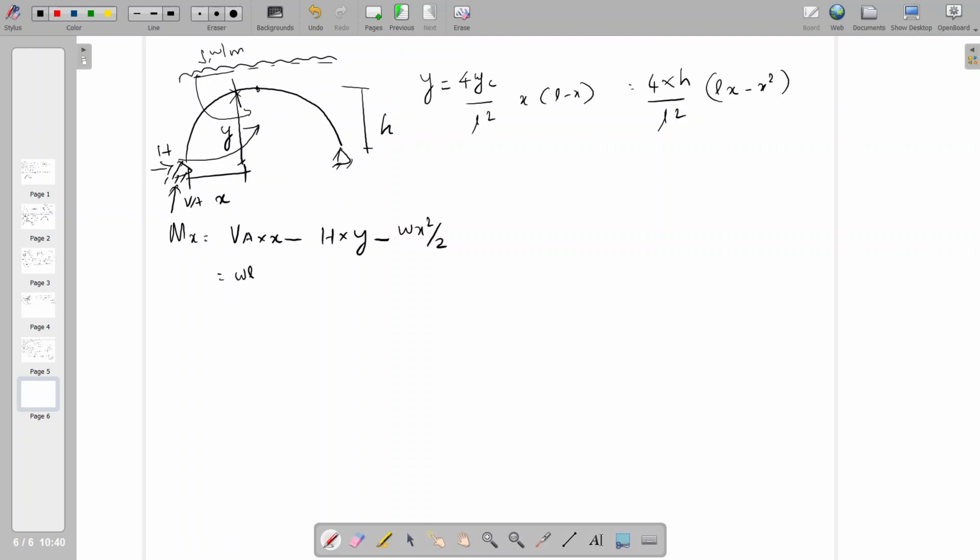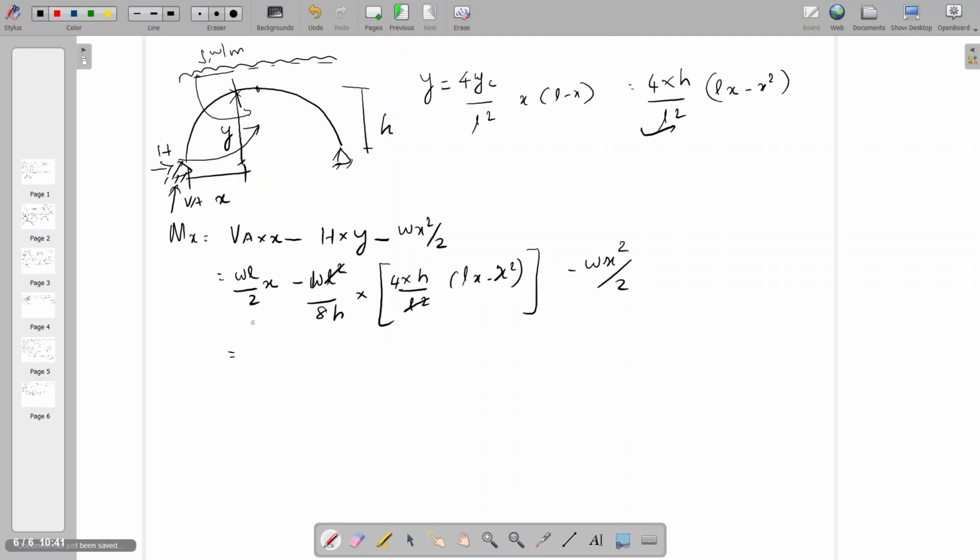So VA is WL by 2 into x minus H, which we already found is WL square by 8h, and for y you can substitute this term, that is 4h by L square, Lx minus x square, minus Wx square by 2. We are going to simplify this equation. L square cancels, h cancels, 4 into 8 is 2 times.